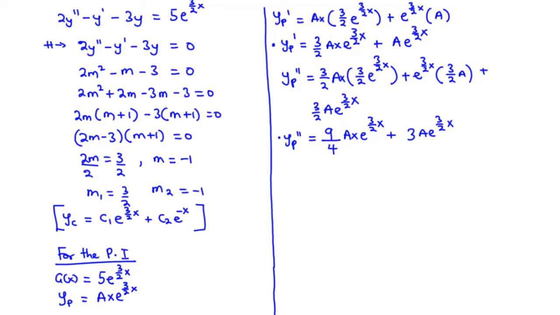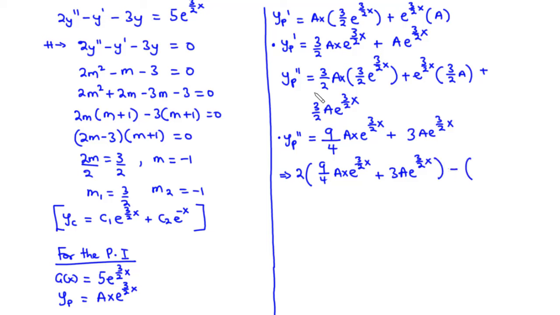Now from the differential equation given, we have 2 times y prime prime, so 2 times 9 over 4 ax e to the power 3 over 2x plus 3a e to the power 3 over 2x, minus y prime.